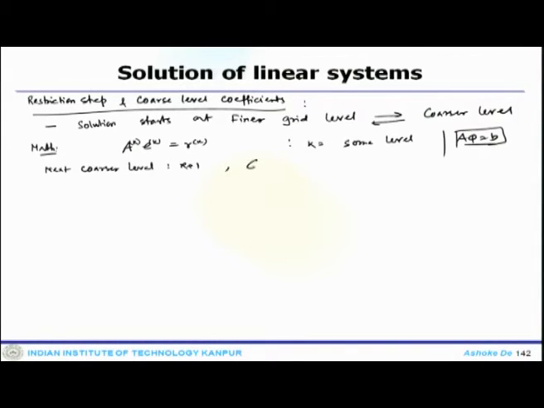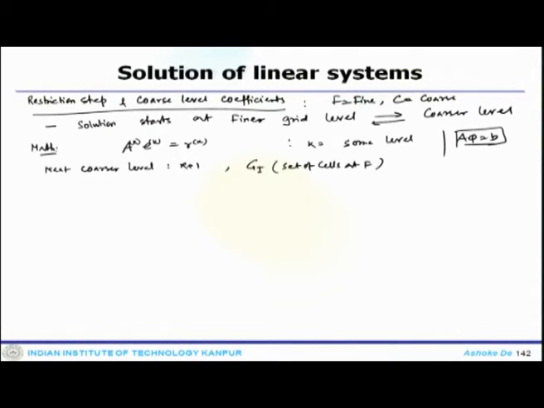Let us say G_I represents the set of cells I on the finer grid level that are agglomerated to form cell I of the coarser grid level at k plus 1. Essentially these are a set of cells at the F level, where F stands for fine and C stands for coarse.